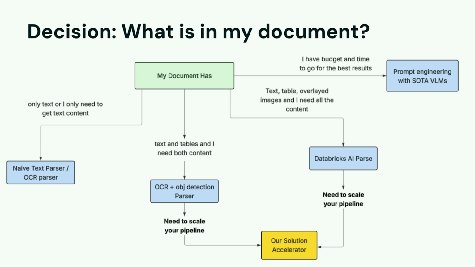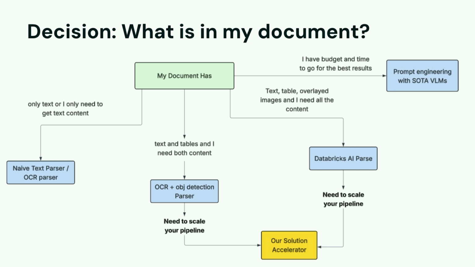But if your document has text as well as a table structure, and you do need to maintain that table structure, for example, if your question in your knowledge bot requires you to identify a row or a column in that table, you want that table structure to be maintained, or you want your key value extraction agent to be able to get those relative relationships out of that table, you do need to have that.